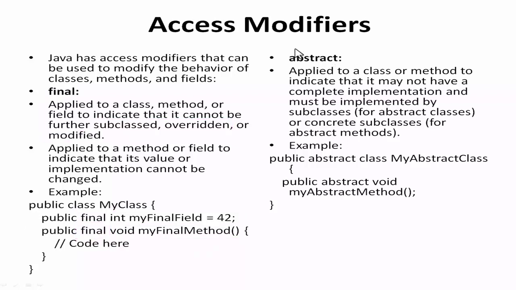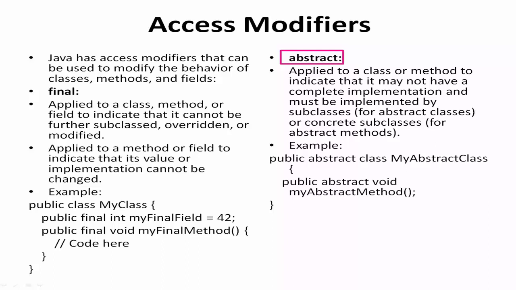Abstract is applied to a class or method to indicate that it may not have a complete implementation and it must be implemented by subclasses. For example, you define the declaration part in the abstract method, and it must be implemented by the subclasses.